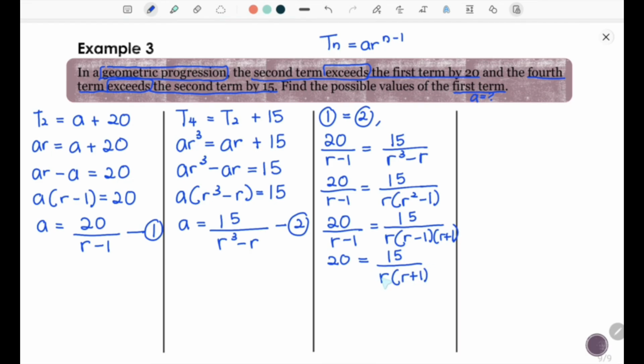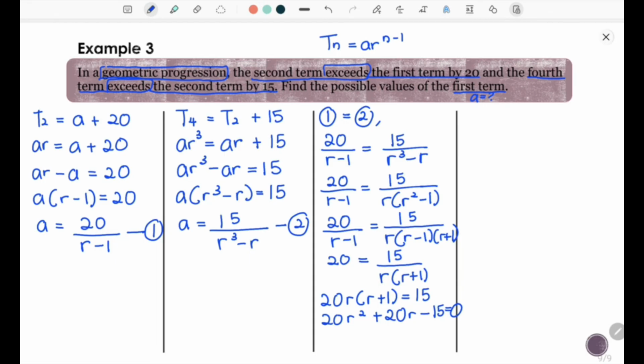So next, we can cross multiply here. So we get 20r times r plus 1 equal to 15. So next, I will expand this part and rearrange to get a quadratic equation, which is you should get 20r squared plus 20r minus 15 equal to 0. Then we can factorize this equation.